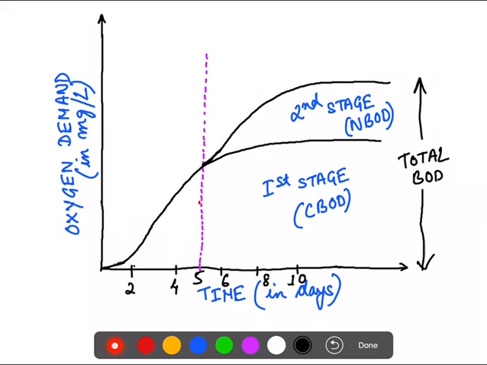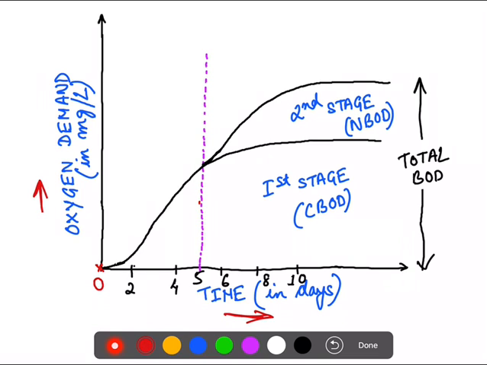So you can look into the diagram and see what it is explaining. Here, this is 0. In the x-axis you have time in days, and in the y-axis you have oxygen demand.